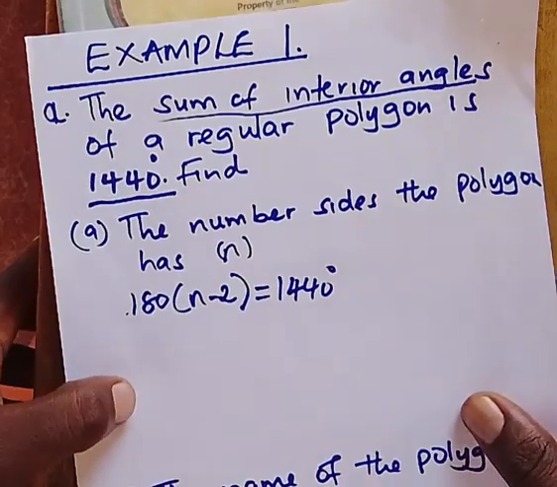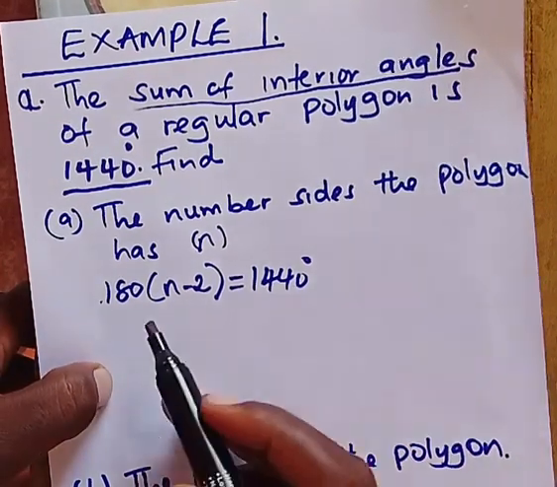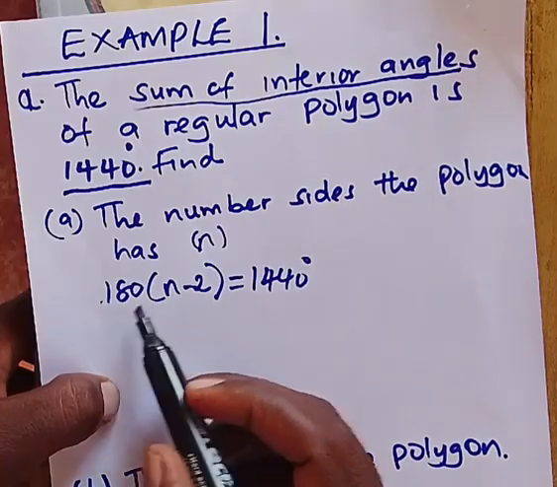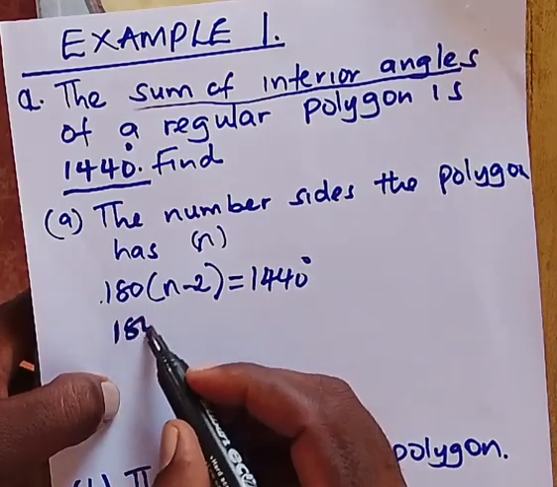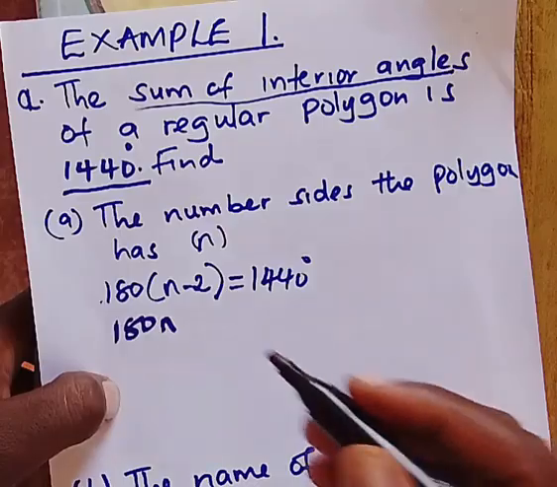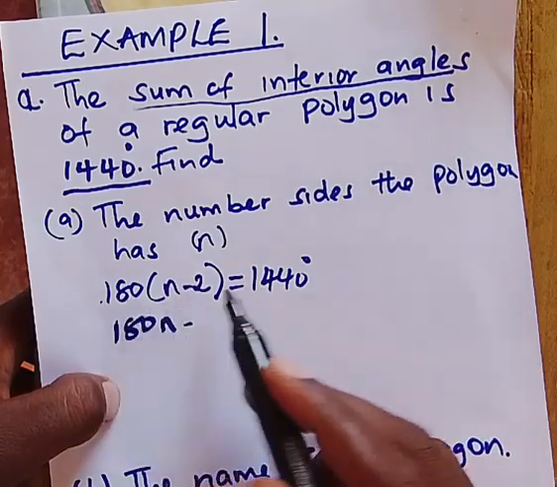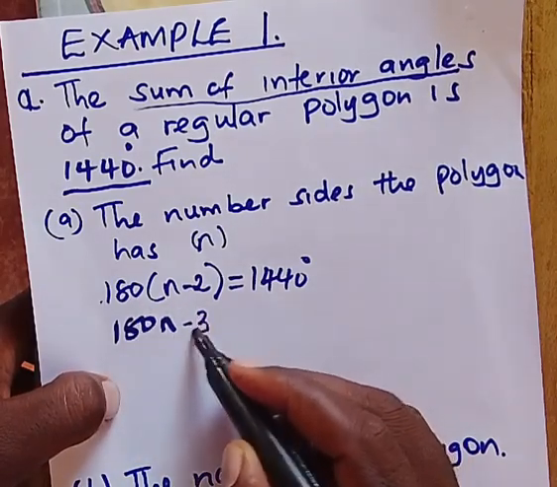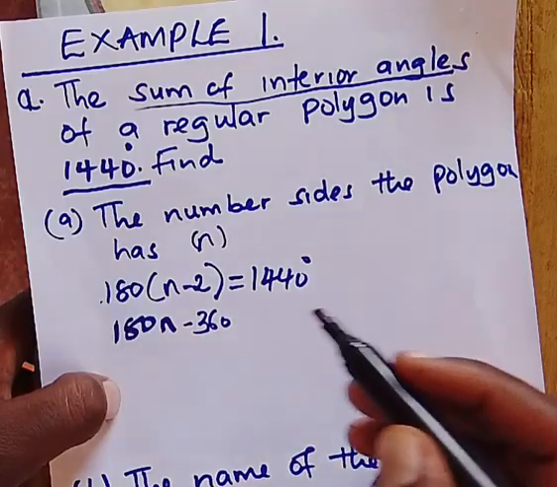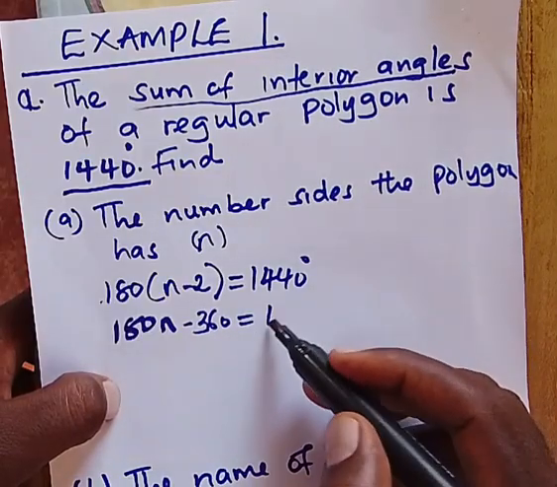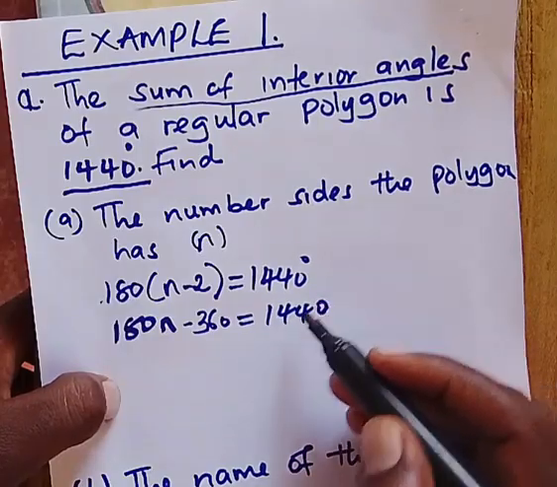So we start by opening the bracket. So we have 180 times n, you will get 180n minus 180 times 2, you get 360, is equal to 1440.